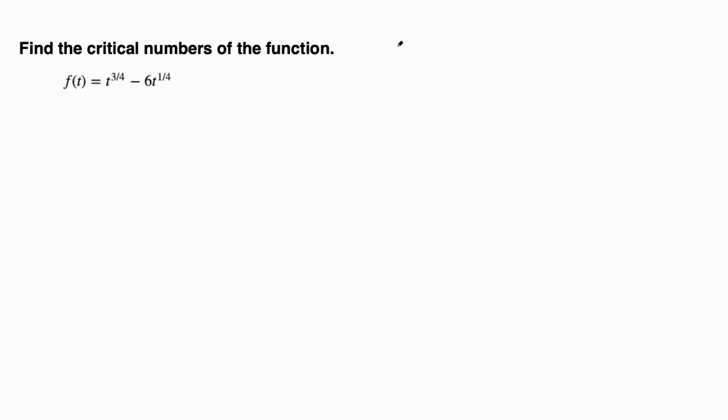So we need to know the domain first. Okay, 0 raised to something is fine, but with t raised to 3/4 we cannot put in a negative number.